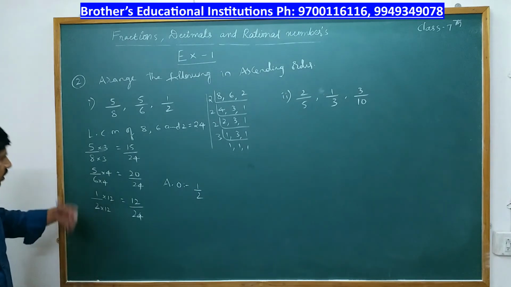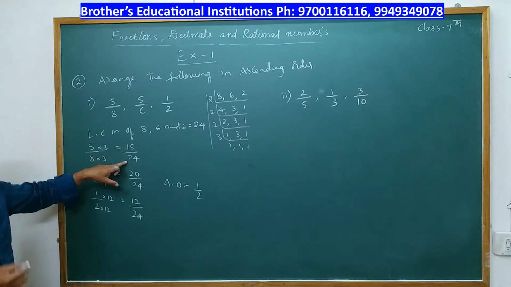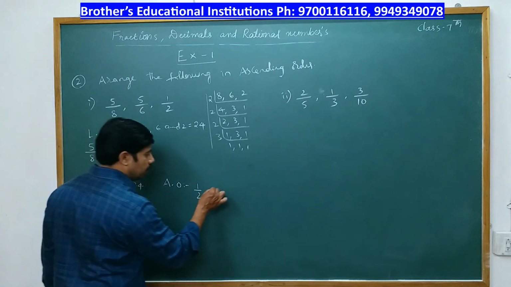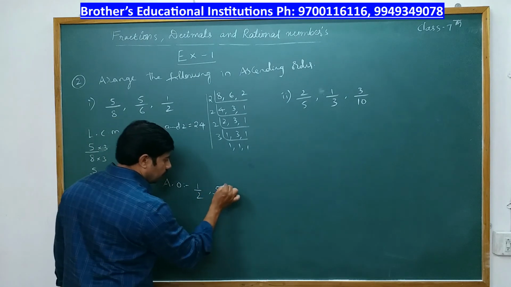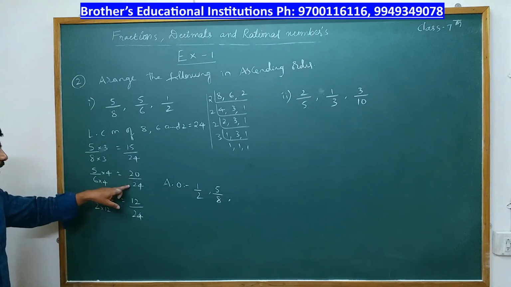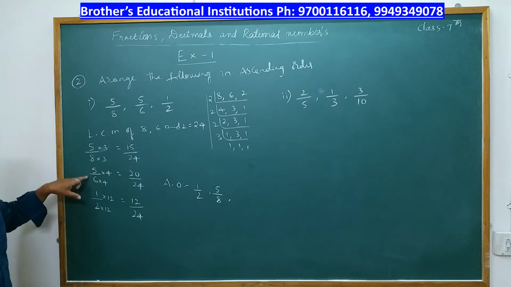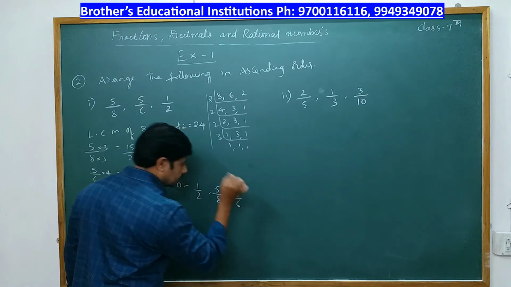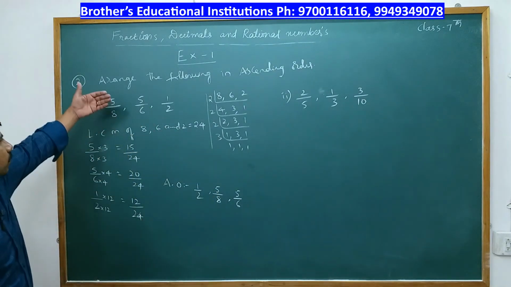So the next smaller number is 15 by 24. From where did we get this 15 by 24? From 5 by 8. So the next one will be 5 by 8. Then after that the number left is 20 by 24, that is 5 by 6. So I'll write 5 by 6. So this is the ascending order for the first one.